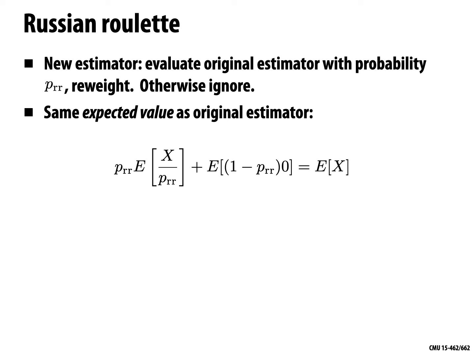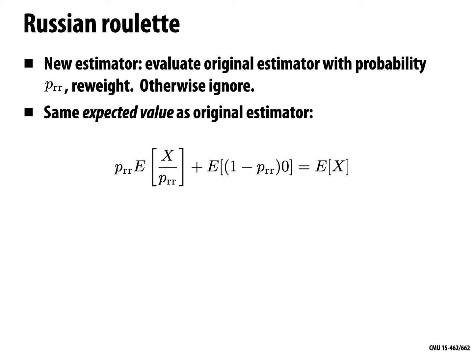We're going to contribute x over p with probability p sub RR, or we're going to contribute 0 with probability 1 minus p sub RR. And so the expected value of this new estimator is going to be p times the expected value of x over p plus (1 minus p) times 0, which is the same as the expected value of the original estimator, x.